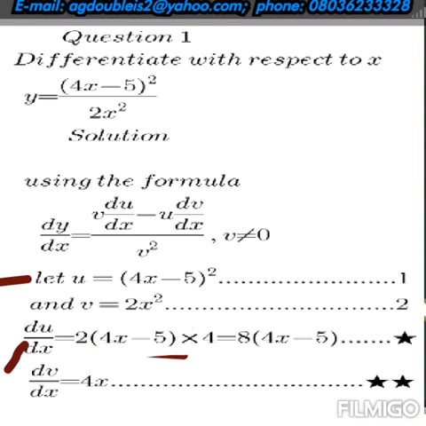That is how we got this 2, and you multiply it by the differential of the bracket. The content of the bracket is 4x minus 5. When you differentiate 4x minus 5, you have 4. So this 4 will multiply this. That will give you your 8 bracket 4x minus 5. If you differentiate v directly, it gives you 4x.